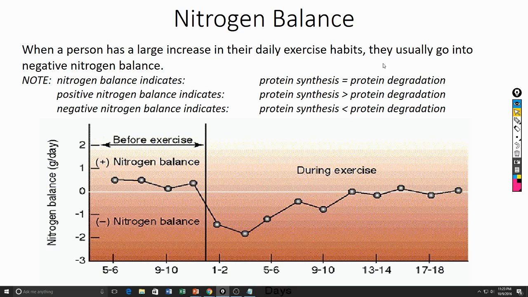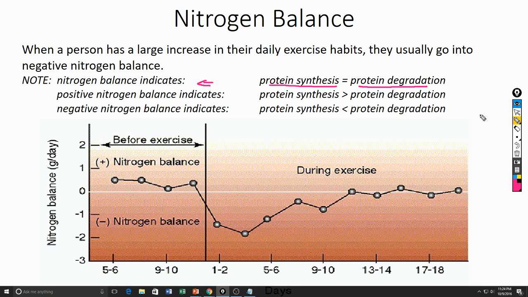So if nitrogen levels coming in equal those going out, we say they're in a neutral nitrogen balance. Okay, your protein synthesis equals protein degradation.